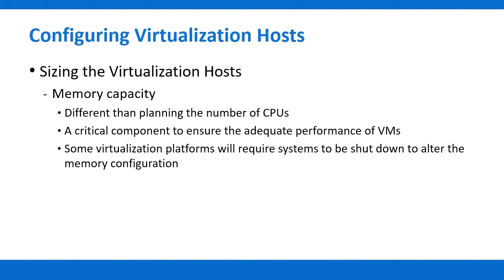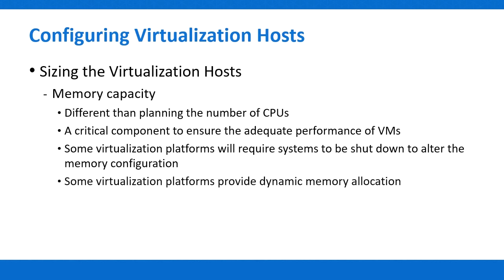So just keep that in mind. In fact, the older virtualization programs will typically require you to shut it down. Some virtual machine platforms will also provide dynamic memory allocation. So instead of having to statically configure the amount of memory that you have on the system, you just specify dynamic.